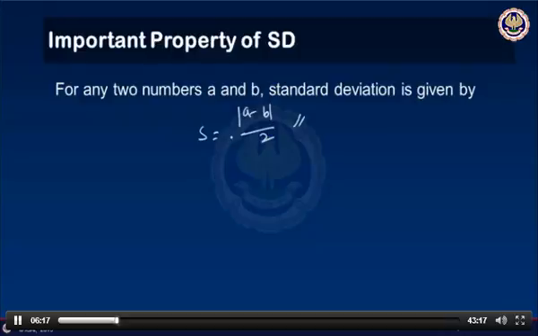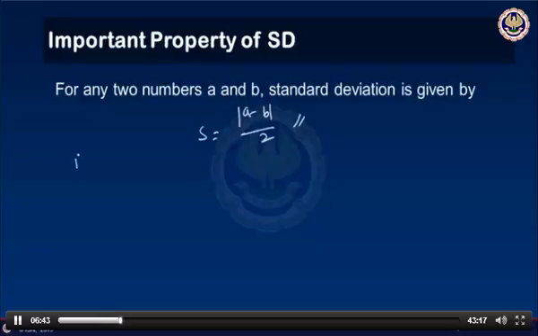Now coming to the important properties related to standard deviation. Let's see them one by one. If all the observations are assumed to be a constant k, then SD is 0. That means if all values taken by the variable are the same constant k, then S is 0. The result applies to range as well as mean deviation.